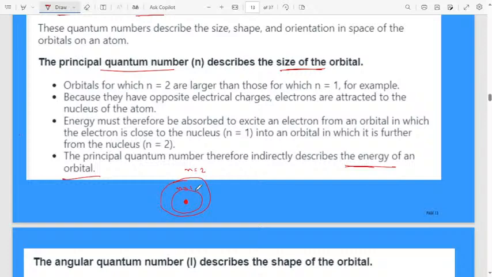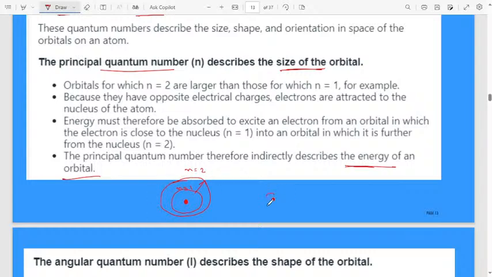If an electron jumps from the first energy level to a higher energy level, then the size of the atom will increase. Then you can also conclude that the principal quantum number describes the size of the orbital.